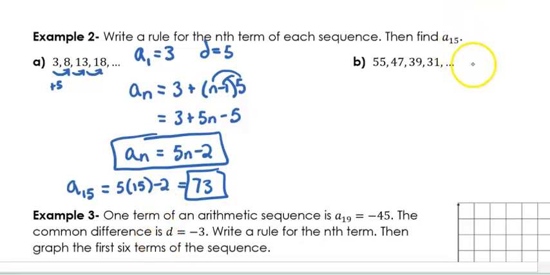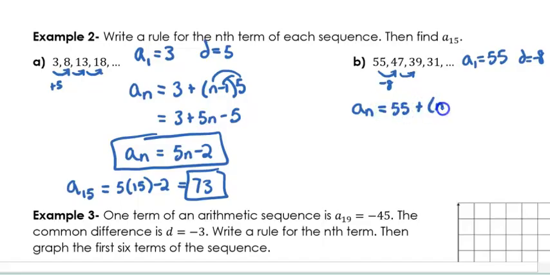Okay, let's do B. On B, the first term is 55, and you identify the common difference. This is going down by 8 every time, so the common difference is -8. We use our formula, a sub n equals first term plus, in parentheses, n minus 1 times d, which is -8.